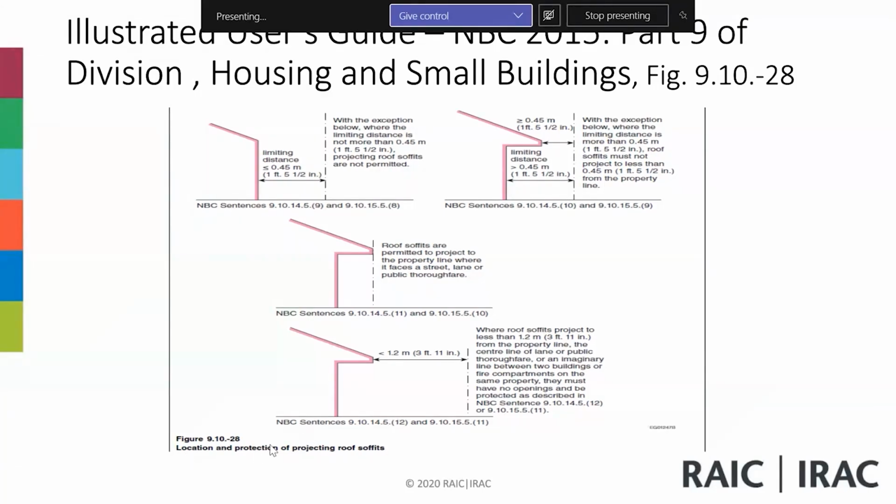So the location and protection of projection of roof soffits. Once you set your property line, and that's where you set your limiting distance, you're looking at where your projections are allowed versus not allowed.